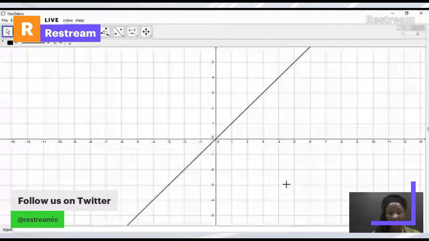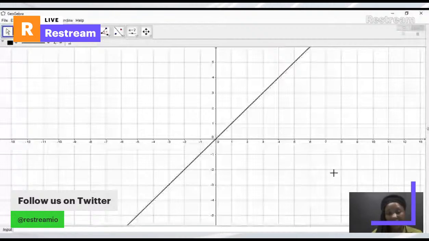When x is 1, y is 1. X is 0, y is 0. X is 2, y is 2. X is negative 2, y is negative 2. You must be able to identify this as the line y equals x.